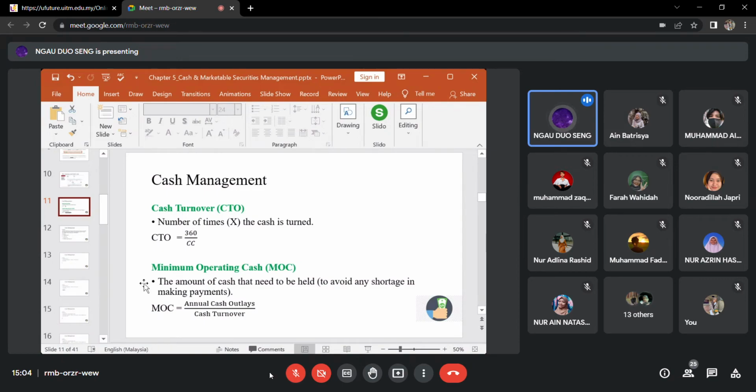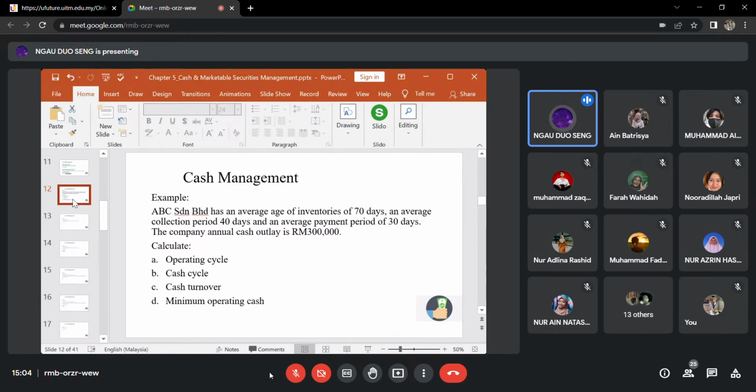And then we have minimum operating cash, MOC. Right, the amount of cash that need to be held to avoid any shortage in making payment. So we have annual cash outlay divided by cash turnover lah.